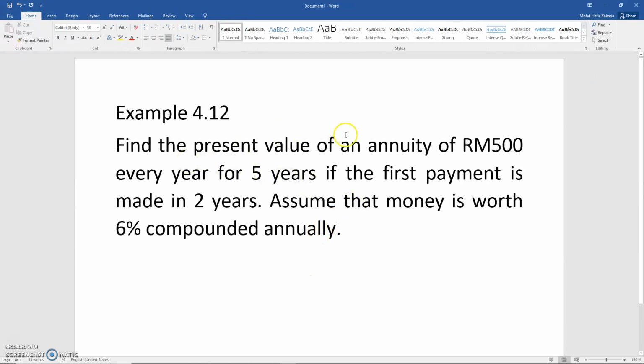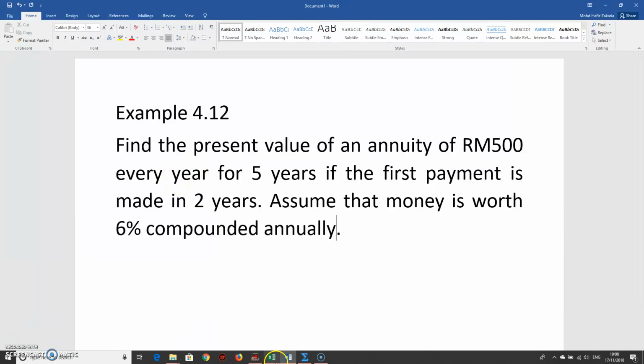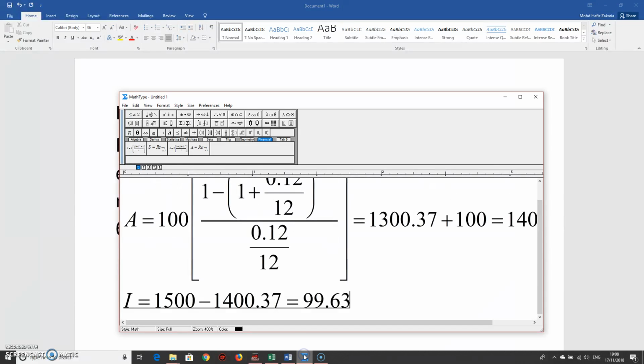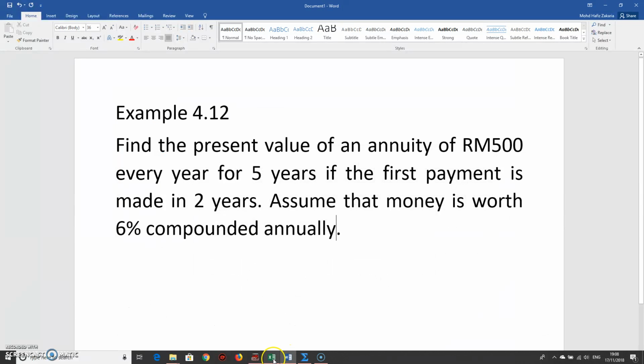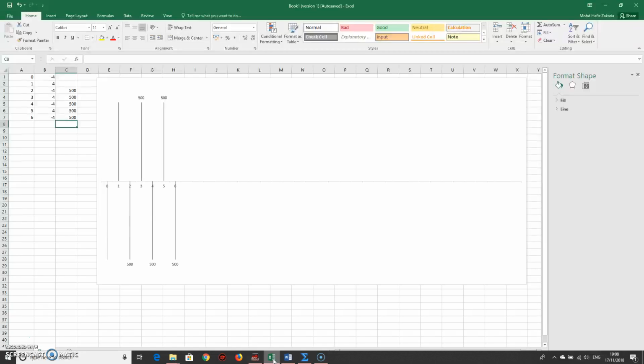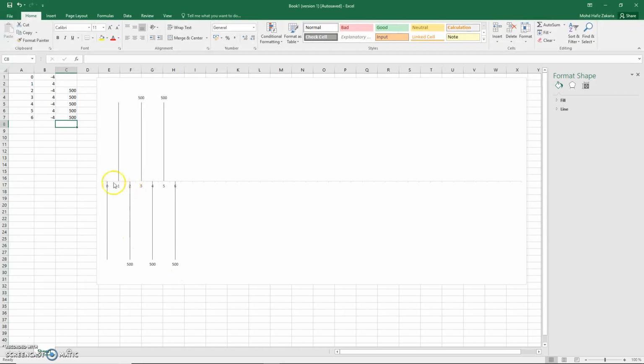Find the present value. The total amount of money being paid here is 500 for 5 years, so basically 2,500, but that is including the interest. We want to know the present value after excluding the interest.